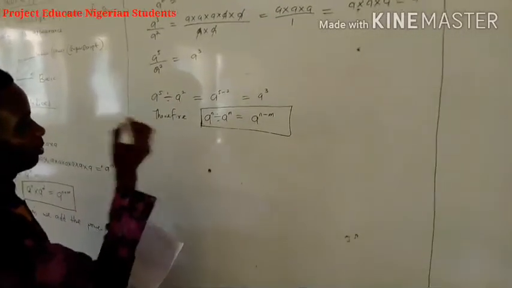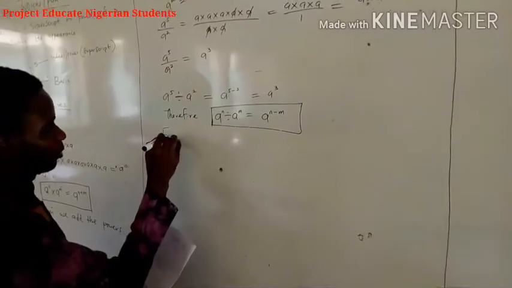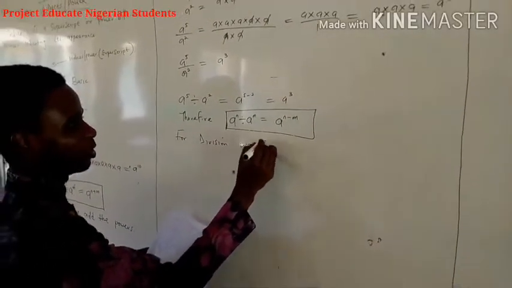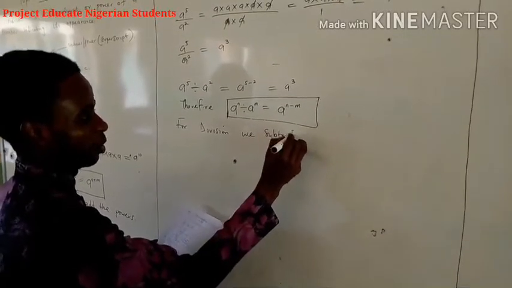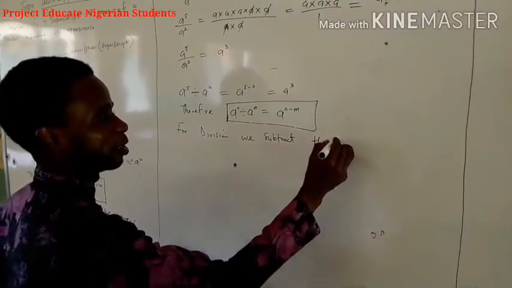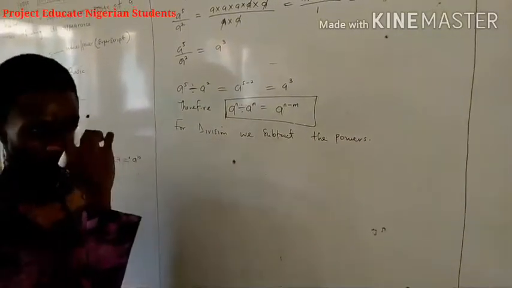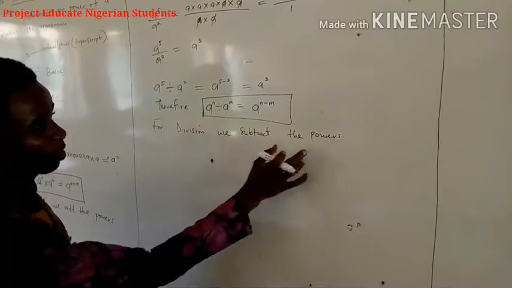Let me just write something down. For division, we subtract the powers. Okay, be careful of these statements. For division, we subtract the power.